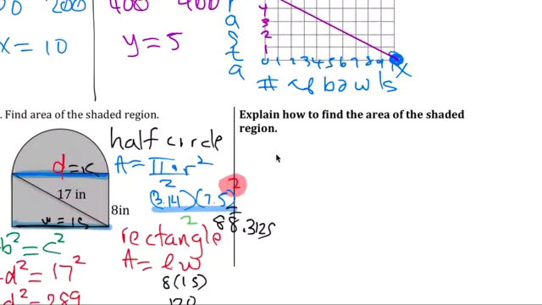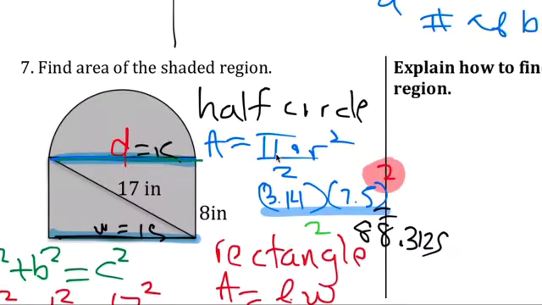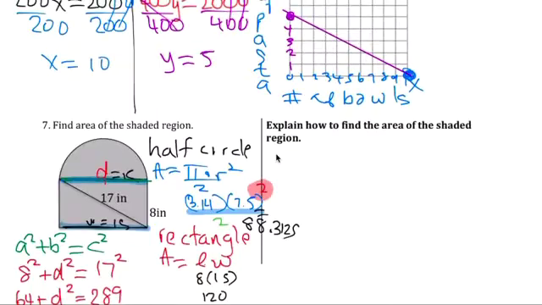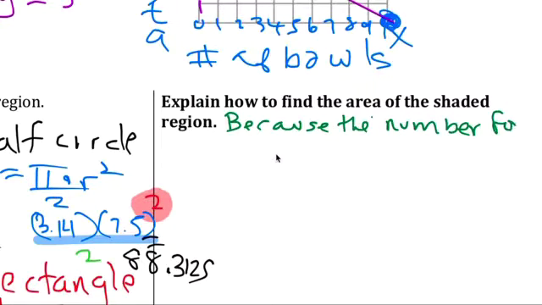So I would start with: because the diameter is missing for the circle, you have to do the Pythagorean theorem.